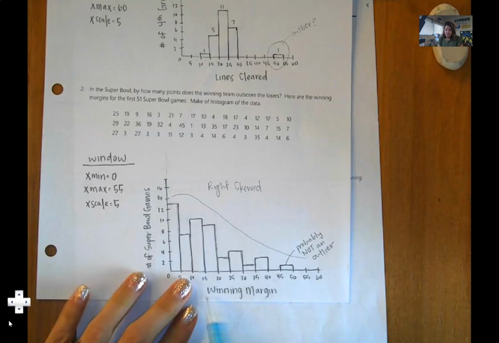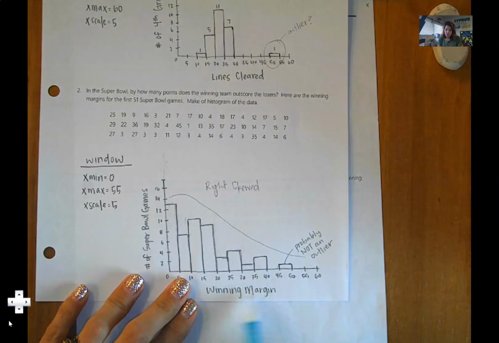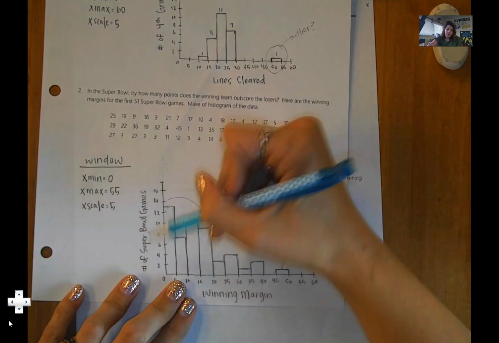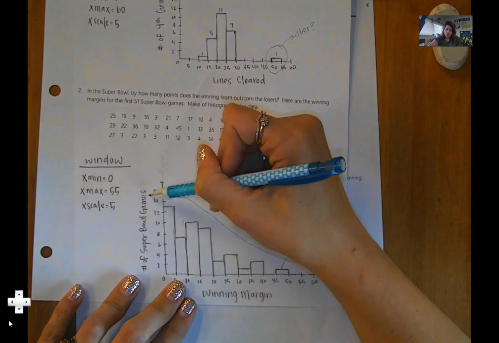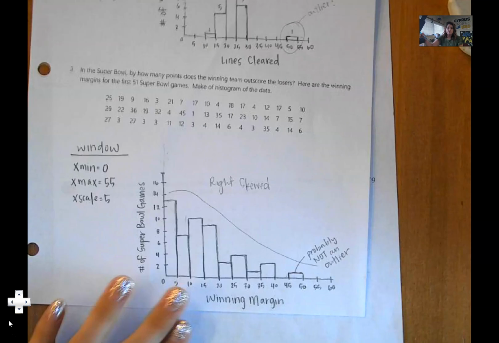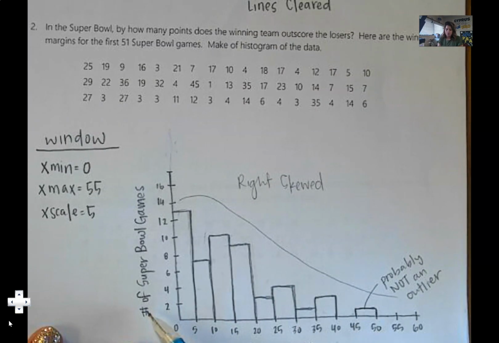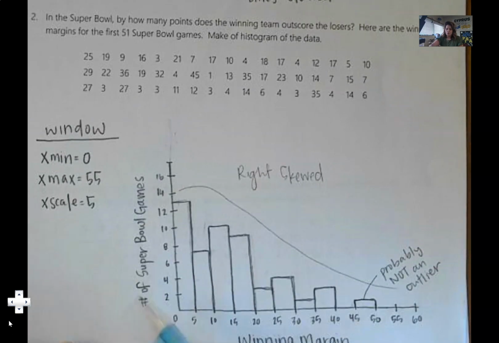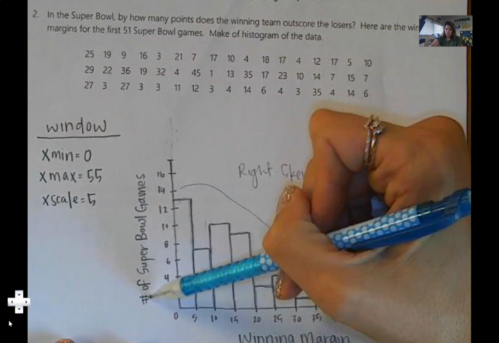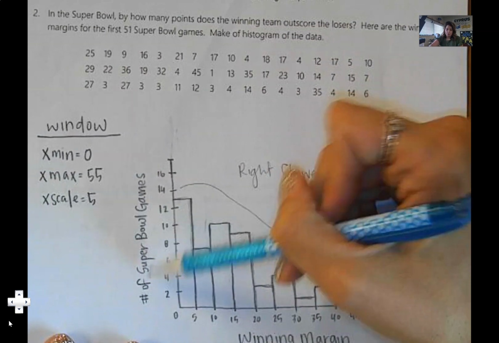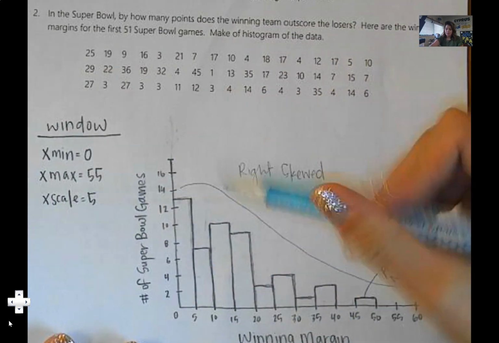I have my Super Bowl problem labeled as winning margin on the bottom, and then number of Super Bowl games on the side. I almost put for this one number of points, or number of teams. I think that I was really confused on what to put here. I wanted to put here number of teams, and I was getting confused.